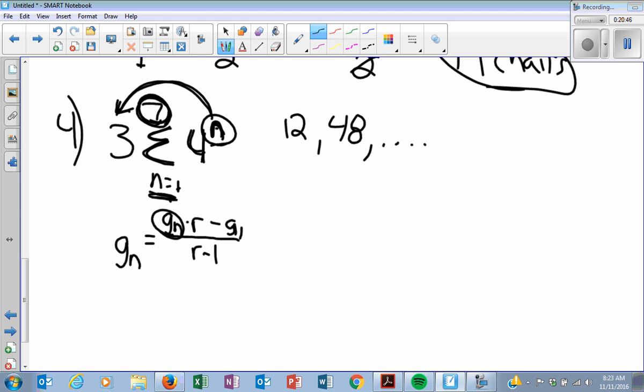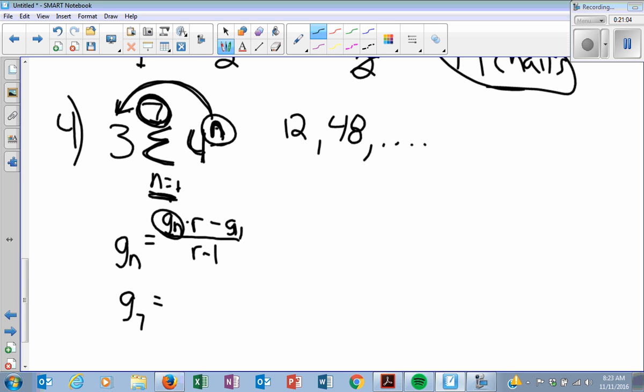So actually, I know that this is going to be G7 equals. Now, I need to know what is the 7th term in this sequence? I don't know it, do I? What can I use to find it, though?